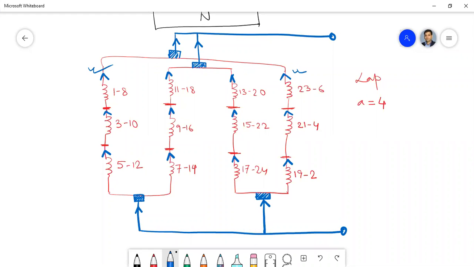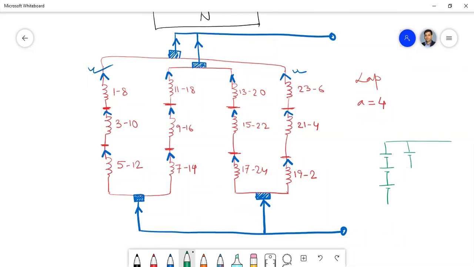So is it clear? Each parallel path we can also draw like this. We have 3 voltage sources in each parallel path.